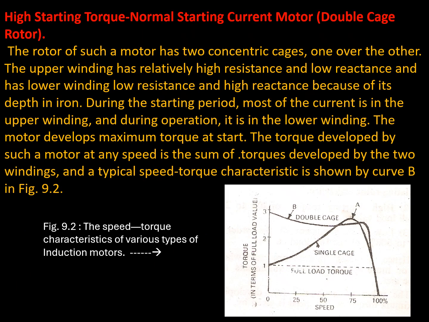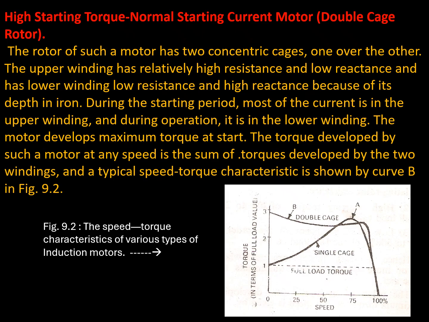Friends, we are now discussing the high starting torque, normal starting current motor of double cage rotor type. The rotor of such a motor has two concentric cages, as already shown in previous slides, one over the other.